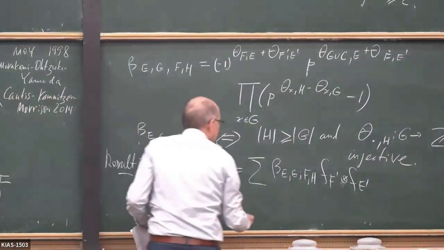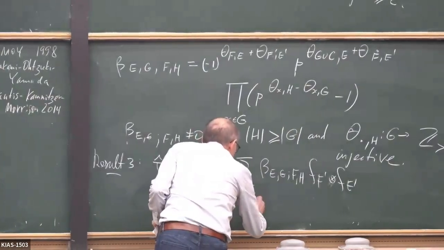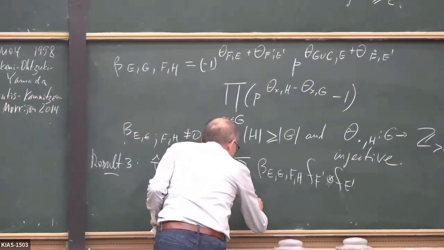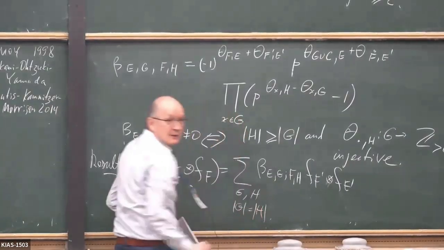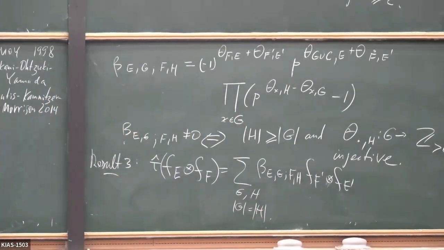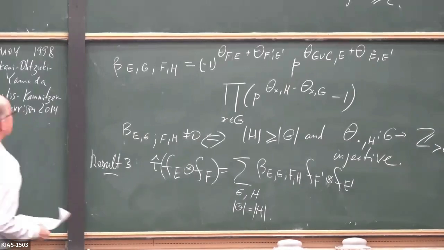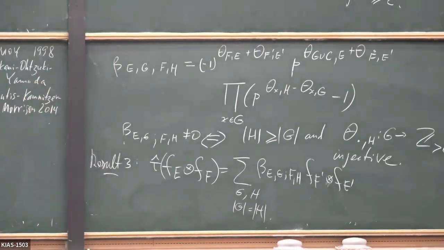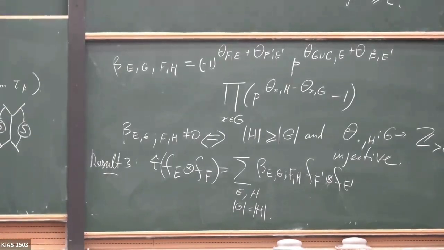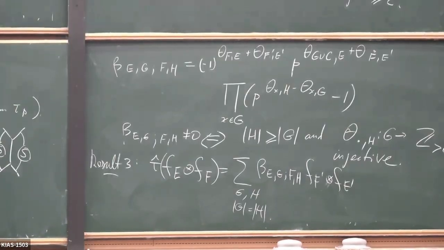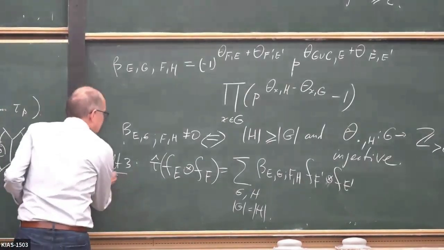Sum over G, H, but with the condition that their size is the same. This is result 3.